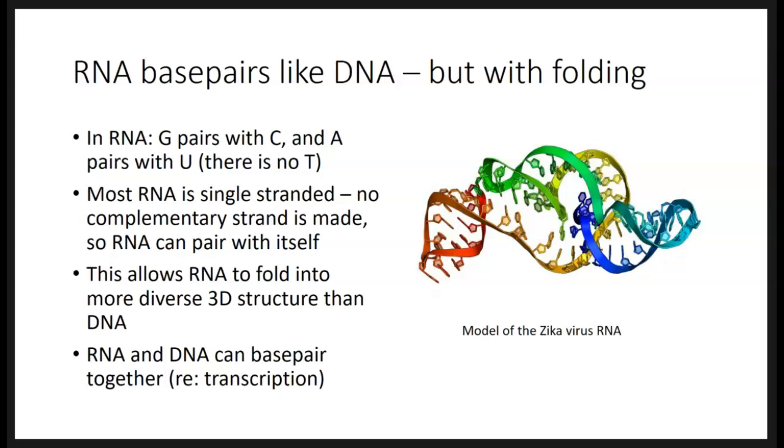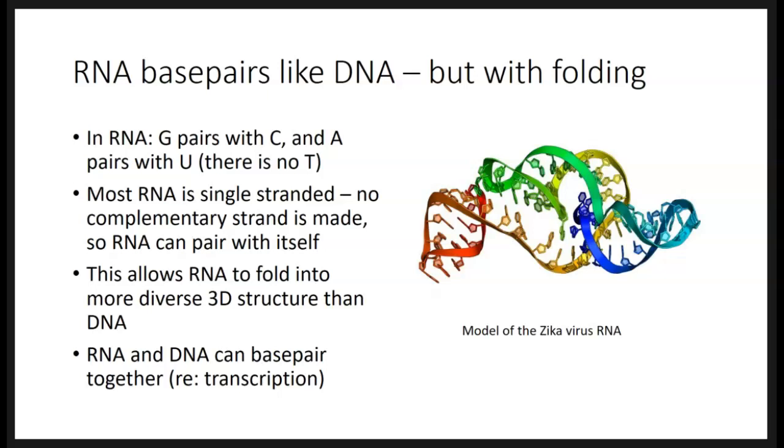But RNA can still form complementary hydrogen bonds, and so often those bonds are with itself. They're bonds within the same strand of molecules. Right? This allows RNA to behave a little bit like a protein, where RNA is able to fold into complex and diverse three-dimensional structures, and it gives RNA a number of important functions in the cell.